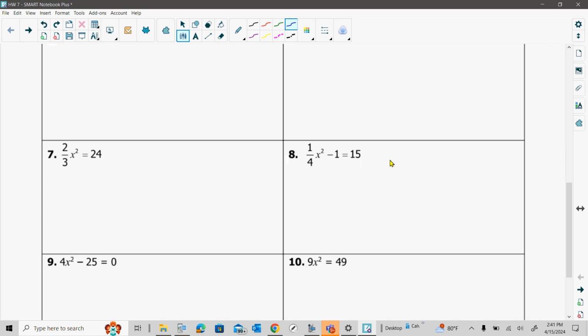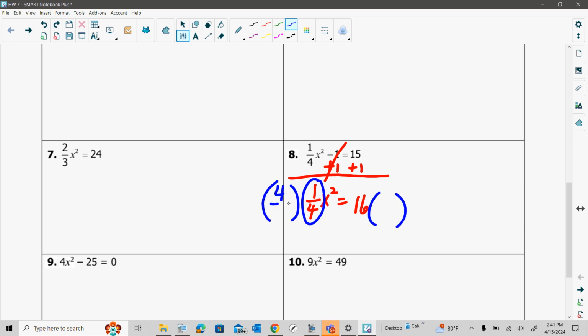It's similar to 7. So our first step here would be plus 1 to isolate the x squared term. This is 1/4 x squared equals 16. Whenever you have a fraction coefficient, like right here, to get rid of it you have to multiply by the reciprocal, which is 4/1.